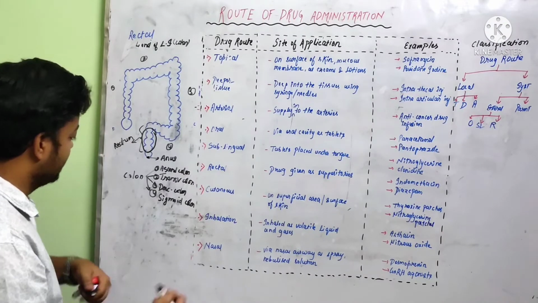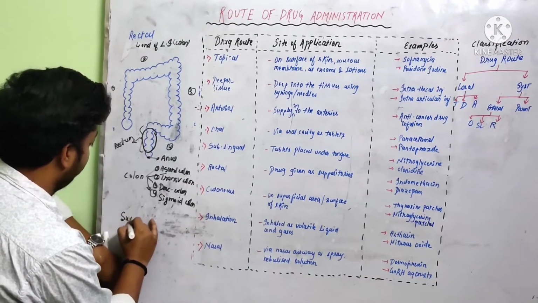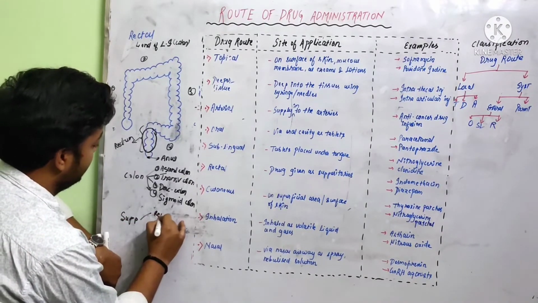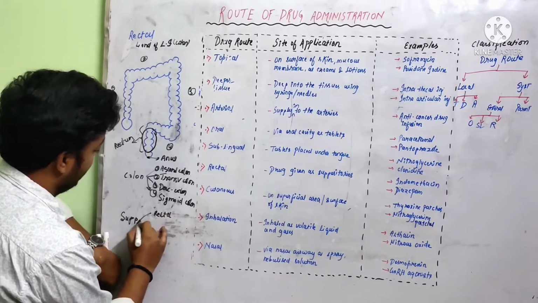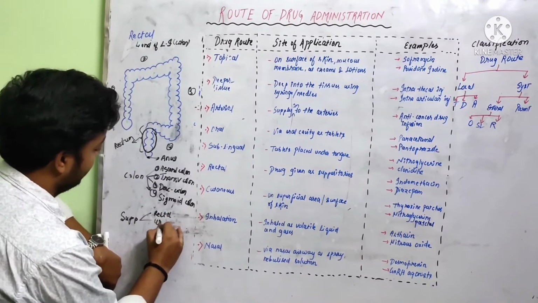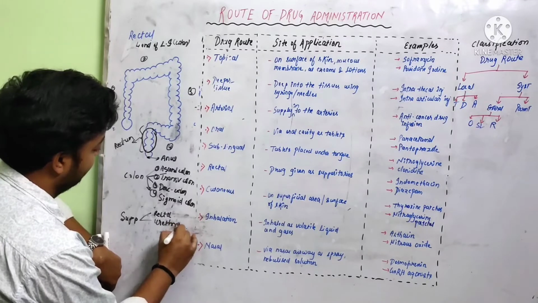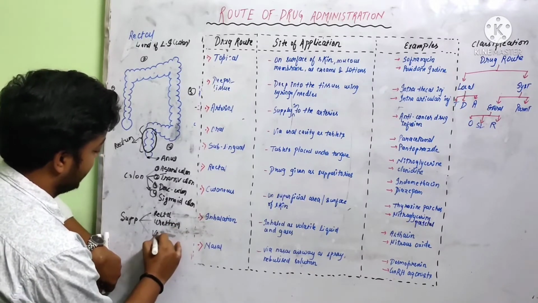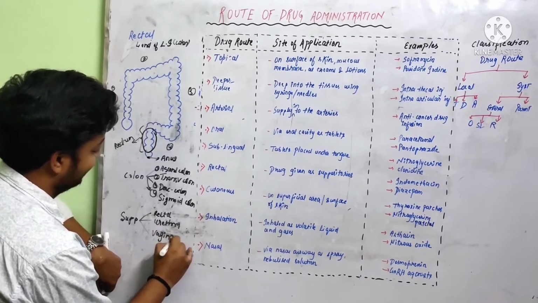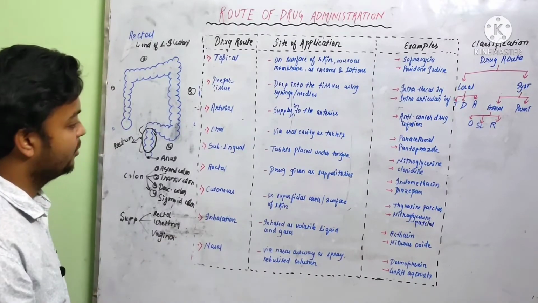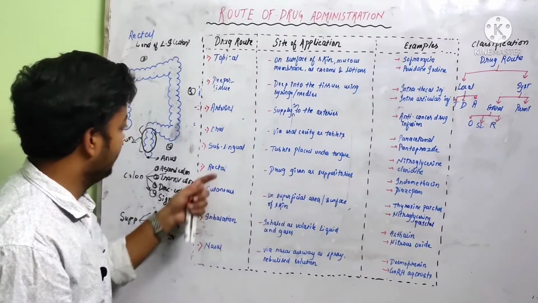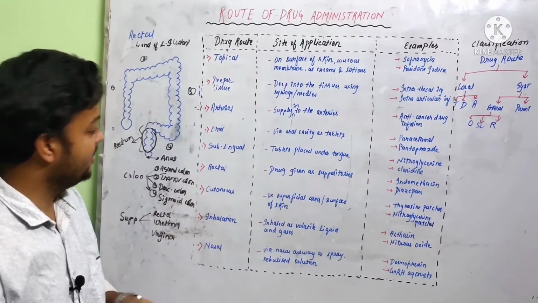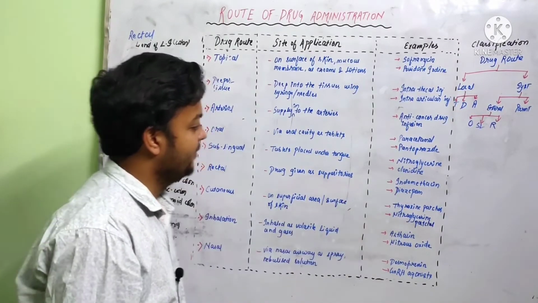No, suppositories are given by the rectal route and other body orifices such as the urethra and vagina also. But in rectal, we see that we have two examples, indomethacin and diazepam.